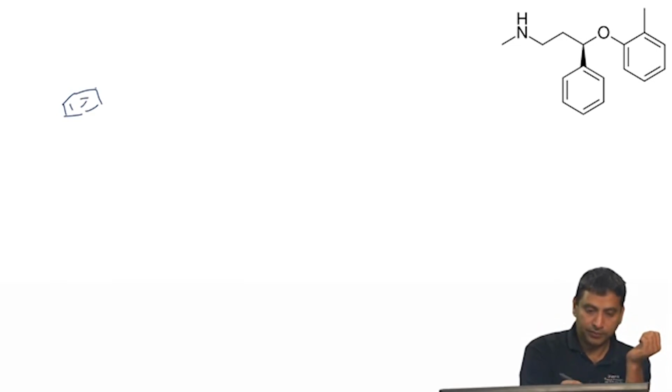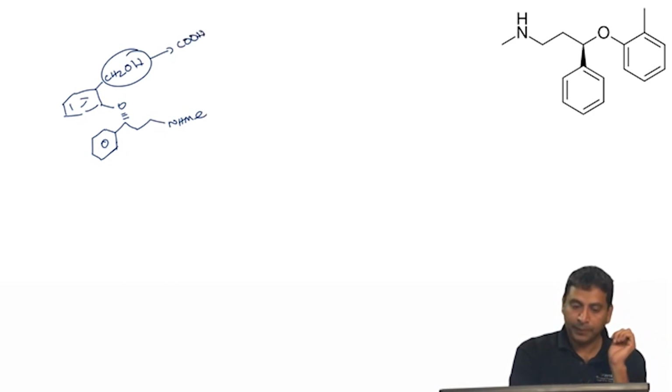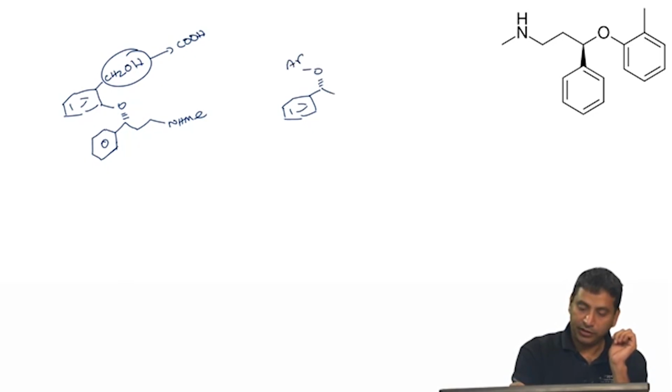So, you will get CH2OH, and this is going to happen perhaps very easily, NHMe, and this can get further oxidized to give you the carboxylic acid eventually.